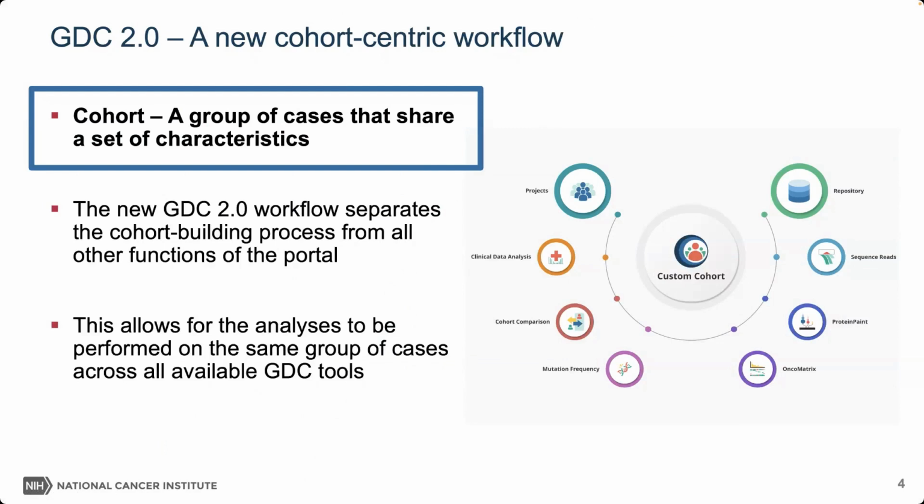The new GDC 2.0 workflow separates the cohort building process from all of the other functions of the portal. And this is something we're going to demonstrate very much in this presentation. So separating these two processes allows for the same analyses to be performed on the same groups of cases across all available GDC tools.